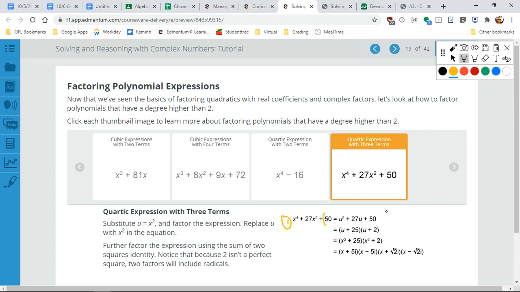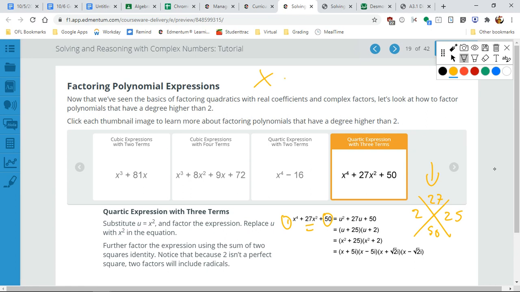Our A is 1, our C is 50. So what we're going to do here is put a 50 at the bottom, and our B term is 27. So what two numbers give us 27 when we add them, but give us 50 when we multiply? That's 2 and 25. If we add 2 and 25, this adds up to this. If we multiply them, we get 50. This is known as the X method.